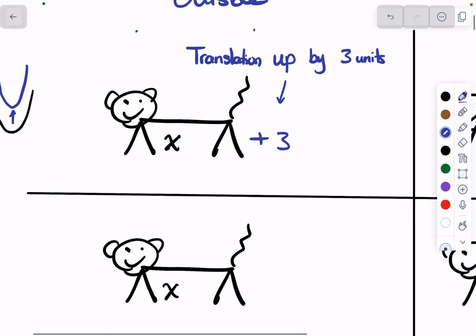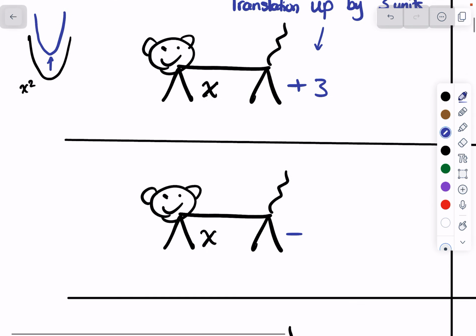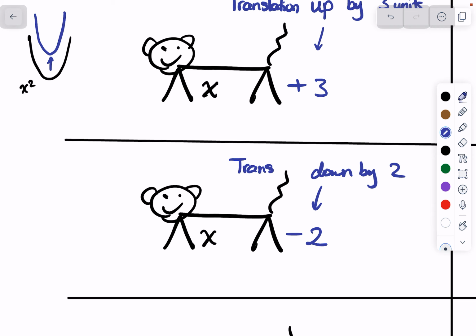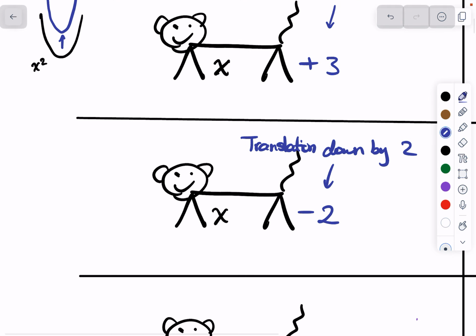Right? Simple. If we were to subtract by 2, we move down by 2. Again, another translation, right? But just different direction. Translation just means shift. All right, so we have a parabola. If we subtract that 2, it moves it down 2 units.